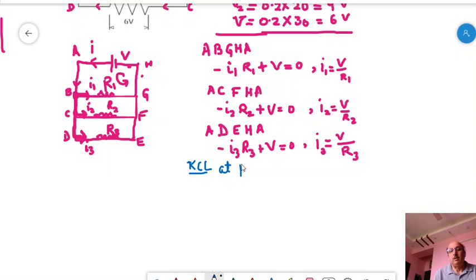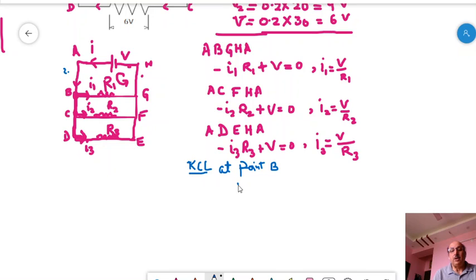The currents I1, I2, I3 are leaving from B, and the incoming current at B is I. This current I is coming from A to B. So we have the Kirchhoff's current law.